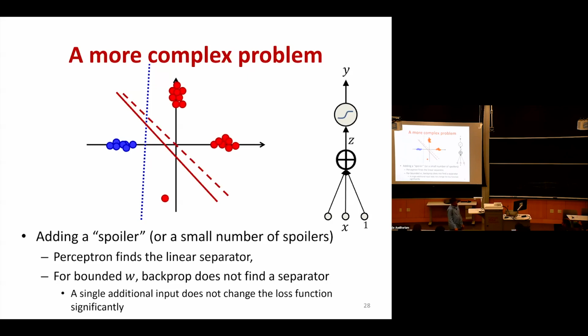Why? It is less susceptible to outliers, right? So the perceptron rule is what is called unbiased. It's always giving you the correct answer, but it has a huge variance. If I move 1 point, the solution can go from here all the way to here, right? Backprop is biased.